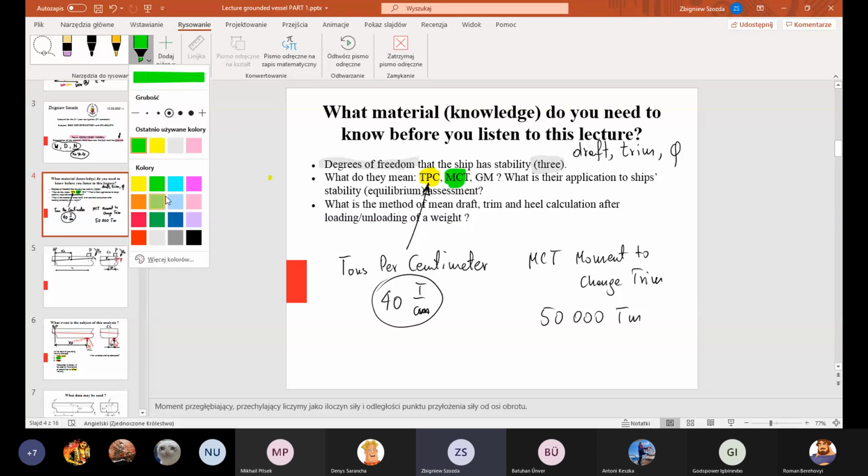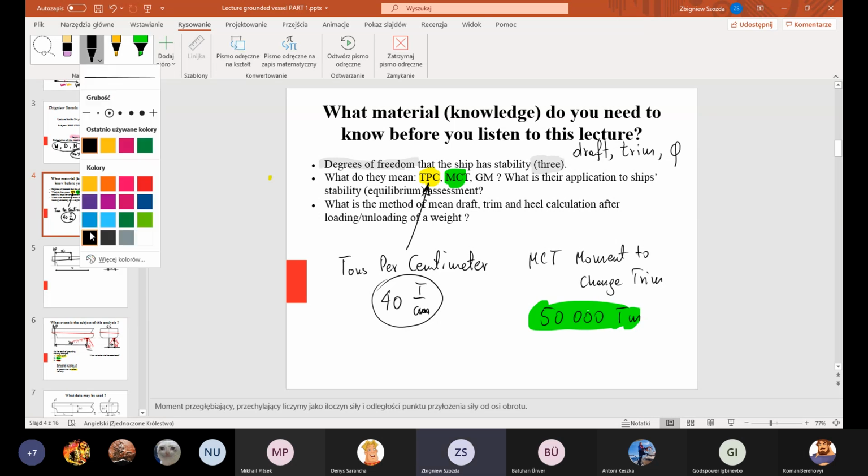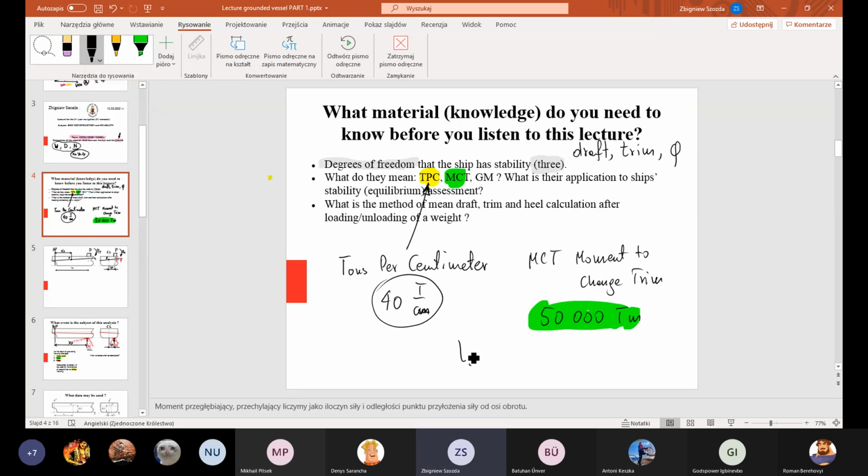How do you understand such a number, 50,000 tons meter? How much weight is needed to change the trim by 1 meter? More exactly, not only weight. Not only weight.